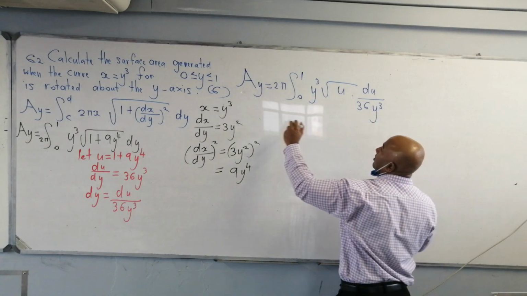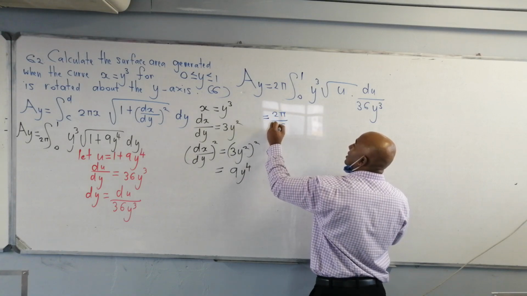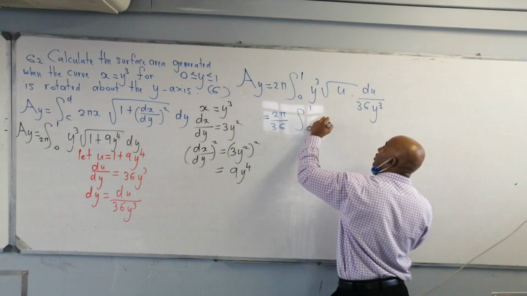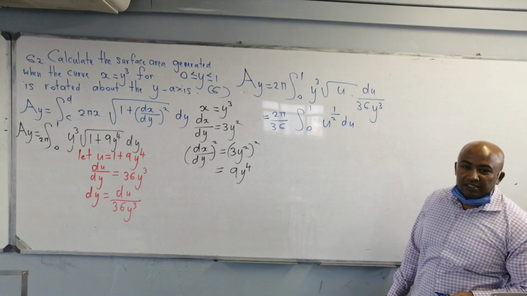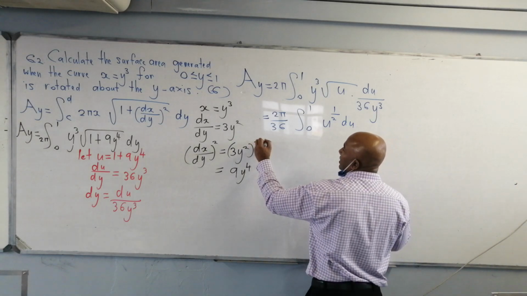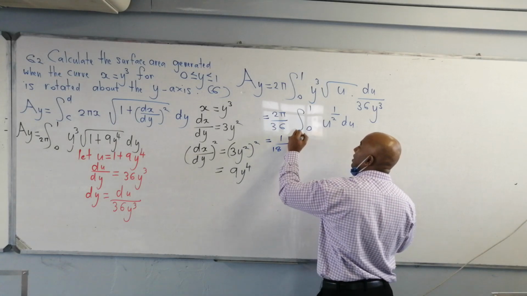So y cubed and y cubed will cancel. So you end up with 2 pi over 36, 1, 0, and then you've got u to the power half du. Too much work with this substitution method. Can you see that? So 2 over 36 is the same as 1 over 18 pi.